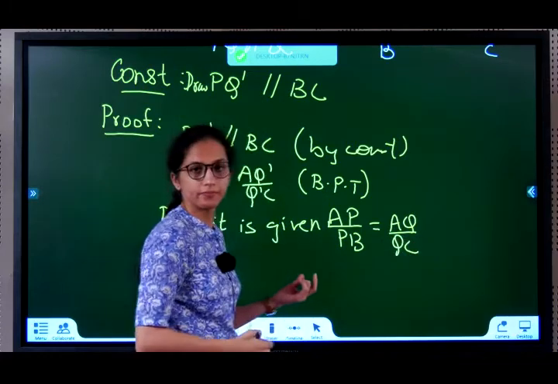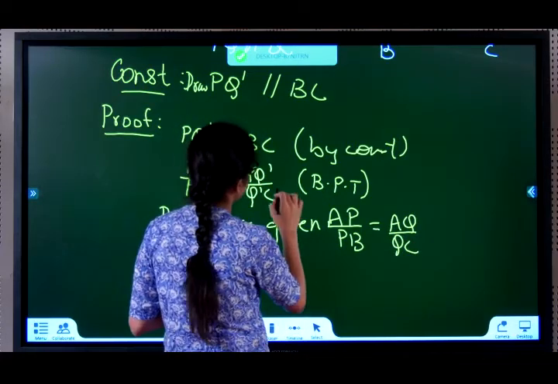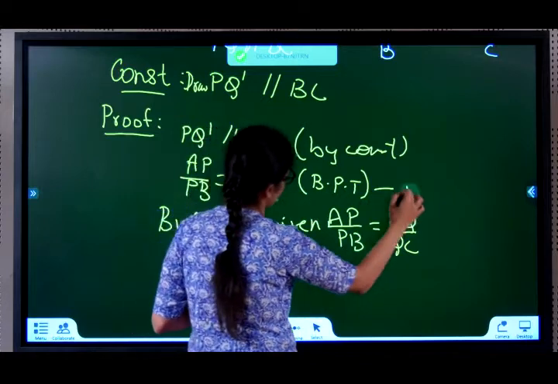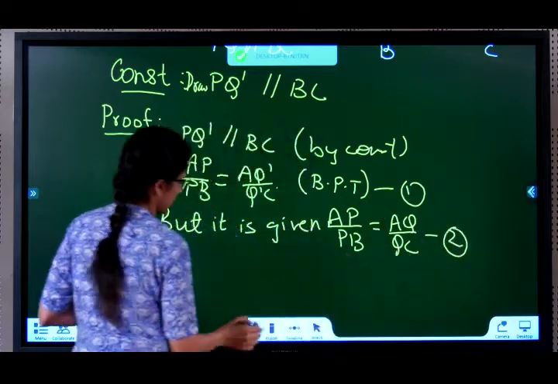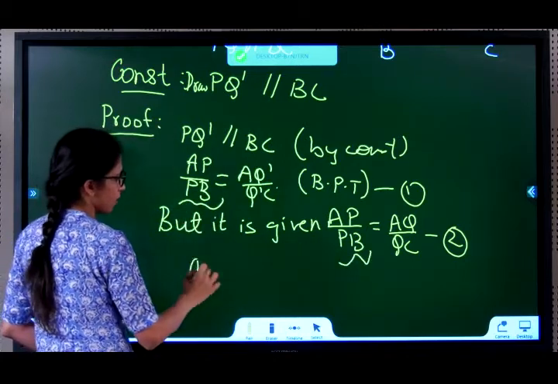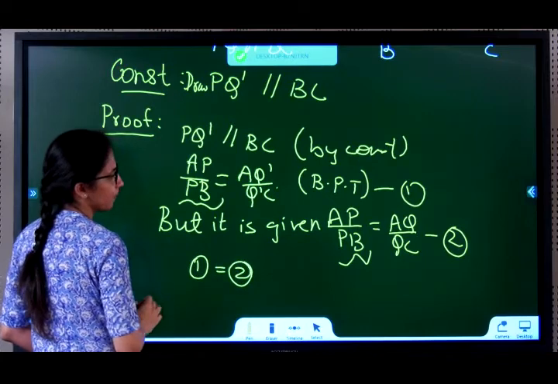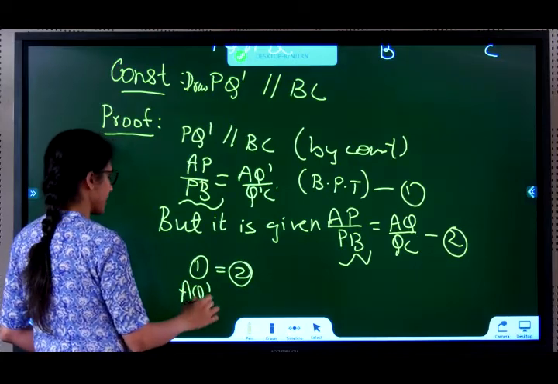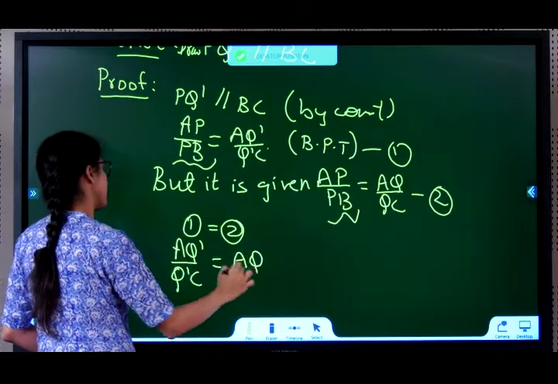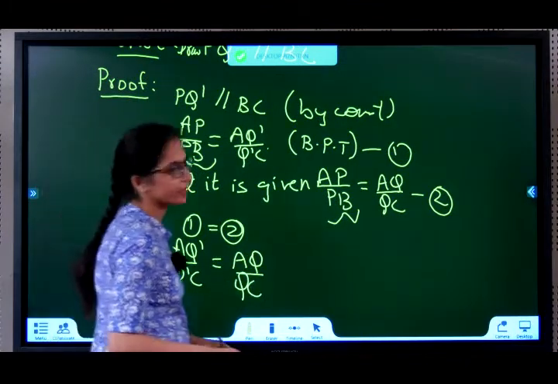This is given, right? So let's say this is equation 1 and this is equation 2. You can see AP by PB is there in both. So I can say equation 1 equals equation 2. Therefore I can say AQ dash by Q dash C is equal to AQ by QC.